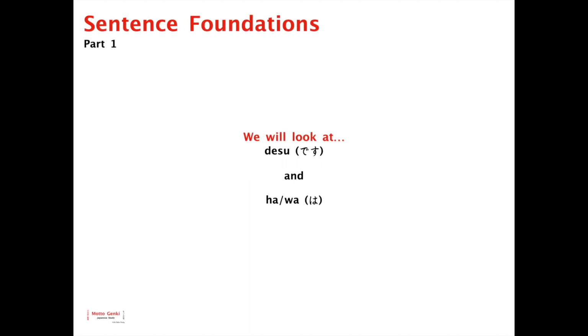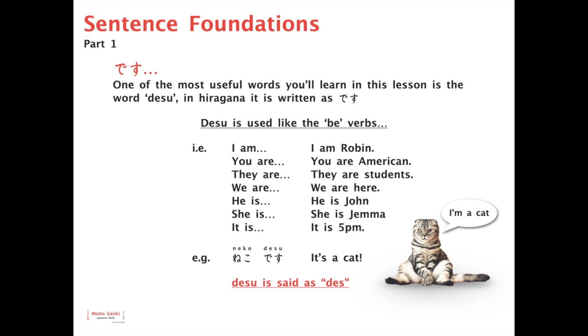Right, so in this section, we'll begin by looking at desu, which is a Japanese word, and ha or wa. In Japanese, there's a very, very important word, which is desu. It's usually written in hiragana in a sentence.